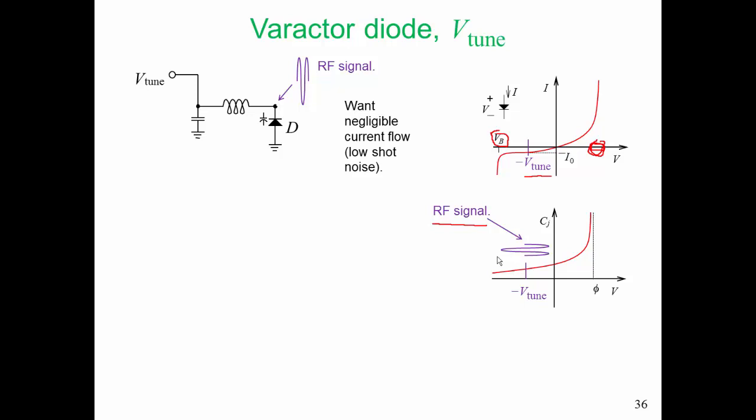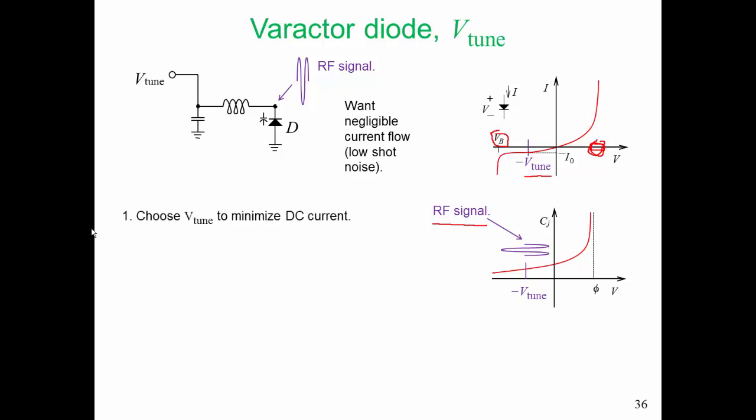So that if our RF signal increases in amplitude, the average value of that capacitance will vary. So the amplitude of that signal could vary because of white noise on our RF signal. That white noise will result in a small capacitance variation. That small capacitance variation changes the susceptance of the resonator network and results in phase noise.